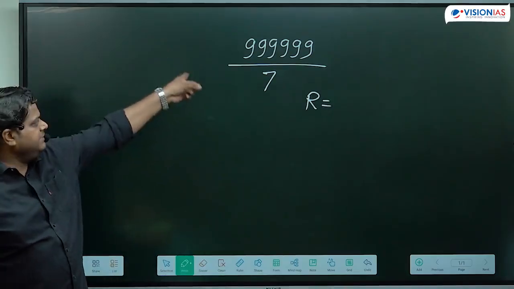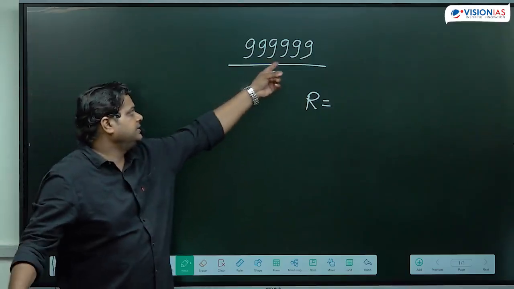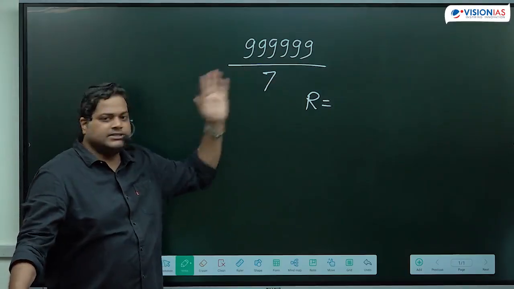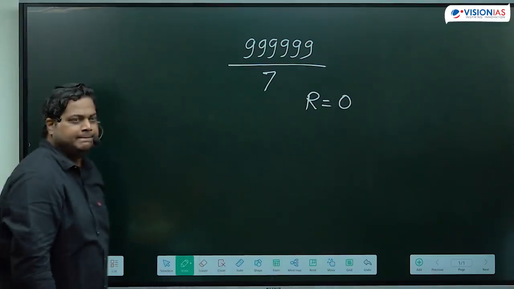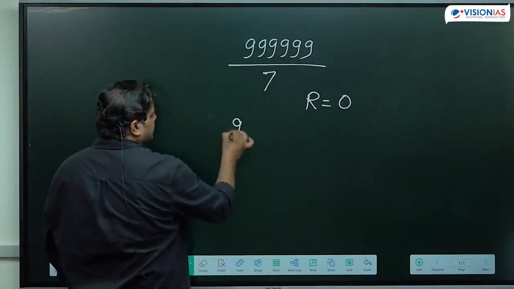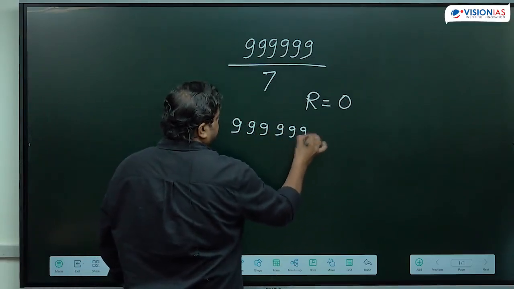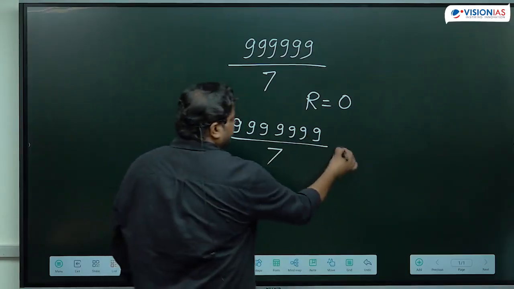This is of ABC form. If we take 3 digits, the difference is coming 0, which means it will be divisible by 7, that means the remainder is 0. If I write 9, if I divide this number by 7, what will be the remainder?